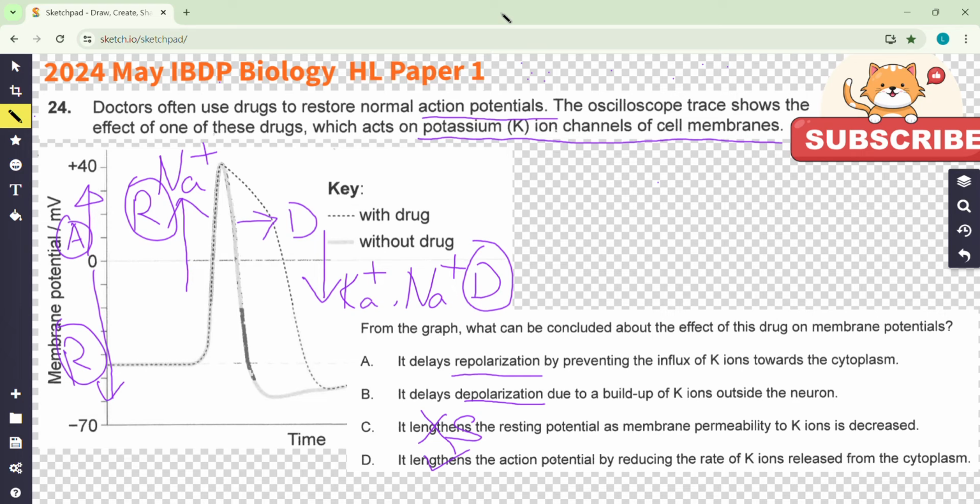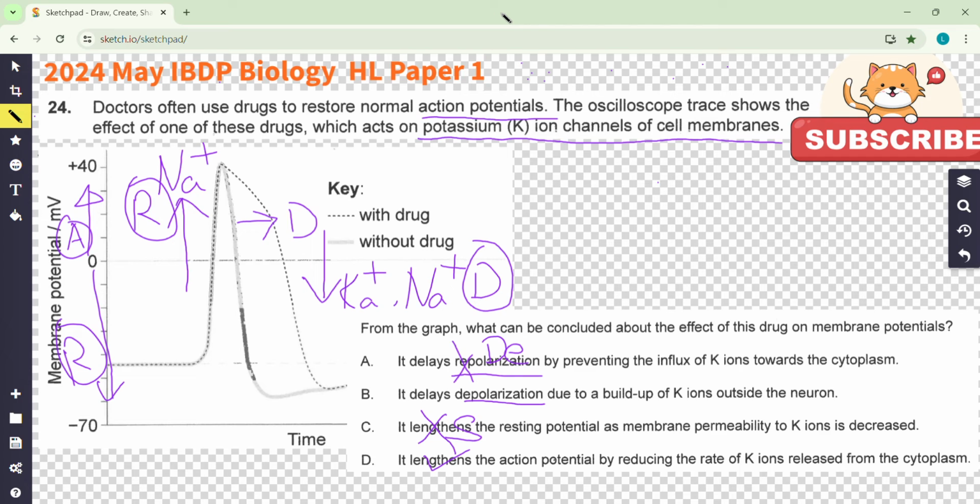Take a look. Both of them are wrong. You see, it delays repolarization? No, it delays depolarization, by preventing the influx of potassium ions towards the cytoplasm.